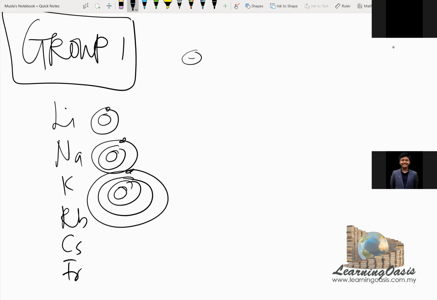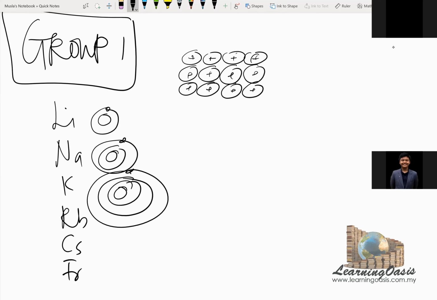So here you have your positive metal ions. And remember the valence electrons in metal are not fixed. They are delocalized, which means they are not fixed, they are everywhere.